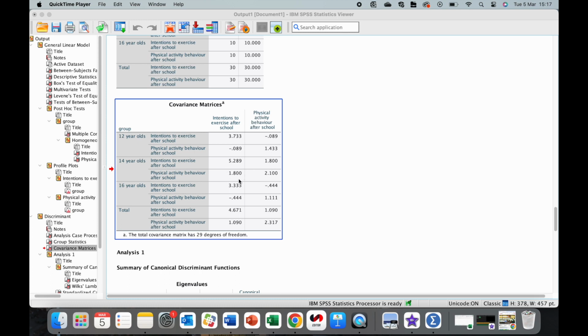There is a positive correlation in 14-year-olds between intentions and behavior, which suggests that as behavior increases, so does the intentions. The last one is for the 16-year-olds with a score of minus 0.444. There is a negative correlation in 16-year-olds between intentions and behavior, which suggests that as behavior increases, then intentions decrease.